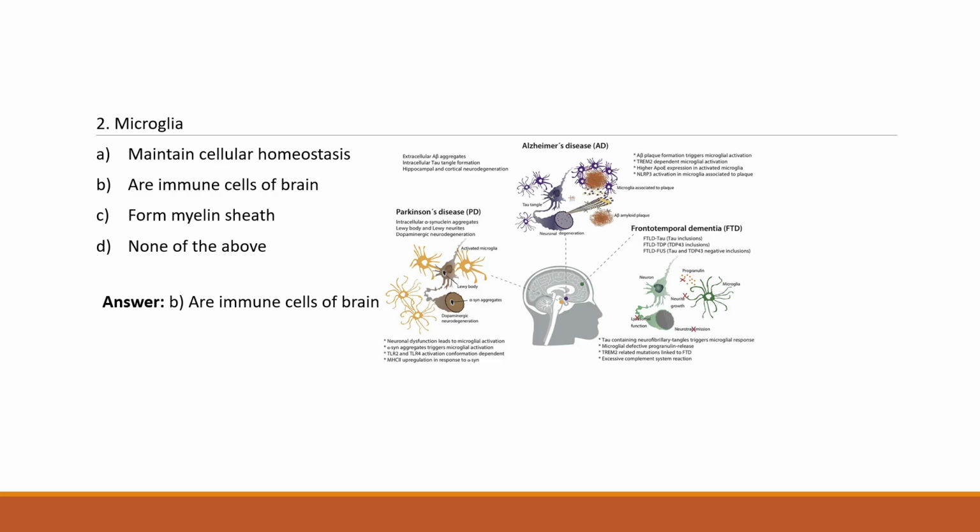So, this microglia is also involved in major neuronal diseases and disorders like your Alzheimer's, your dementia, your Parkinson's disease, etc. So here you can see in these sorts of neuronal impairment or diseases like your tau related diseases like we discussed in the previous sessions, your hippocampal and cortical neurodegeneration occurs, and then your plaque formation is also triggered by your microglial activation.